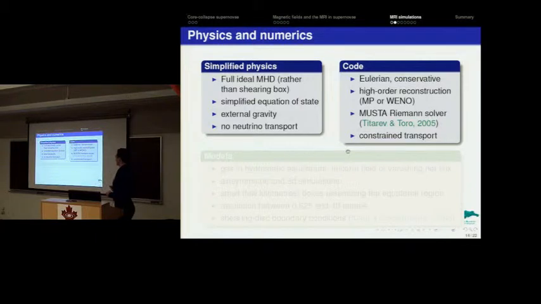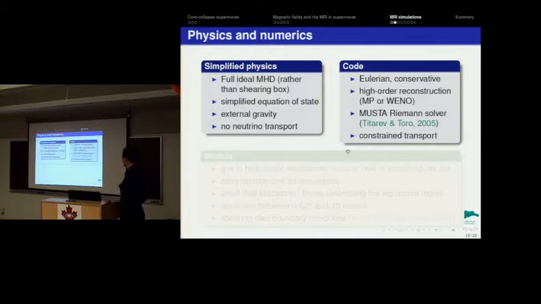This is how we've done it. The code included this physics: ideal MHD. We're using full compressible MHD rather than the partially linearized shearing box equations. A simplified equation of state, external gravity, no self-gravity of the fluid, which you can neglect in such a local approach. No neutrino transport.